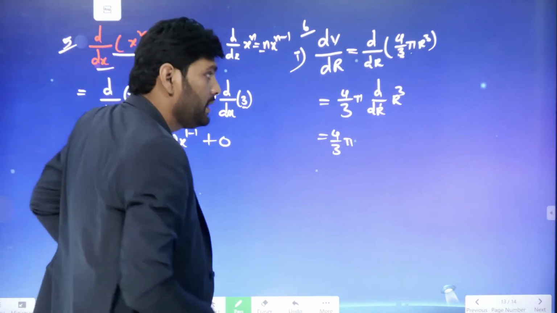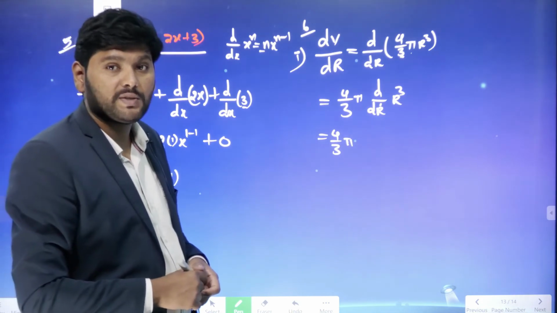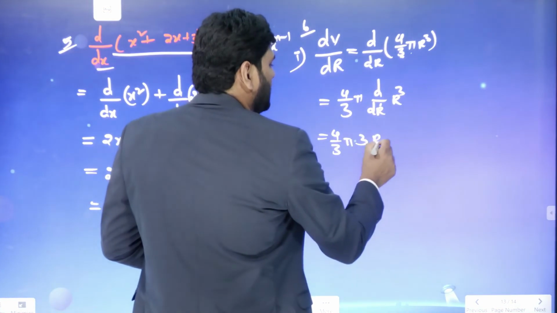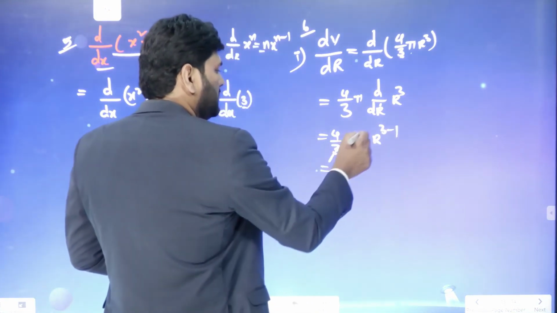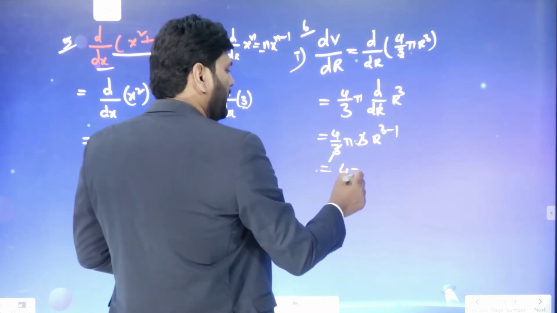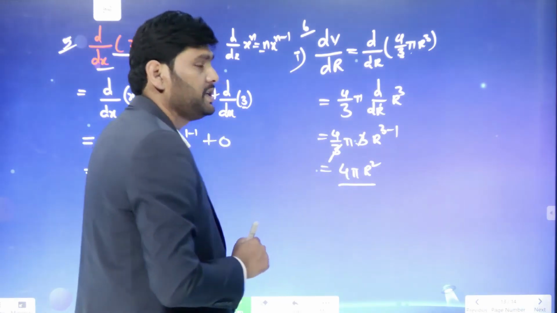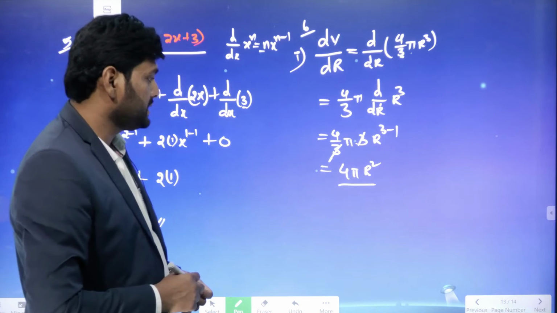It is nothing but the formula like x power n, differentiation of x power n. How much is the power? 3 is the power, r power 3 minus 1. So finally here 3 cancels. 4 pi r square is our differentiation, the rate of change.